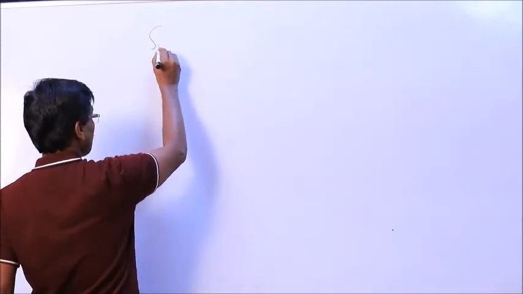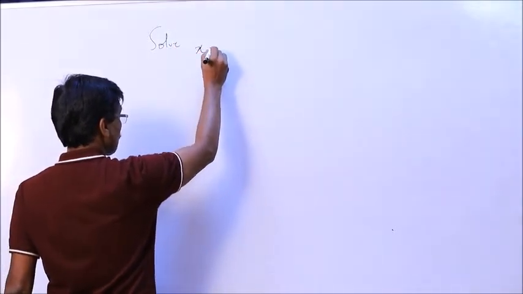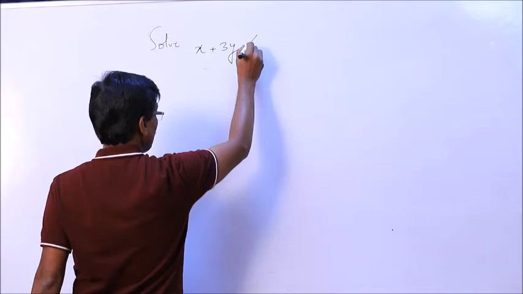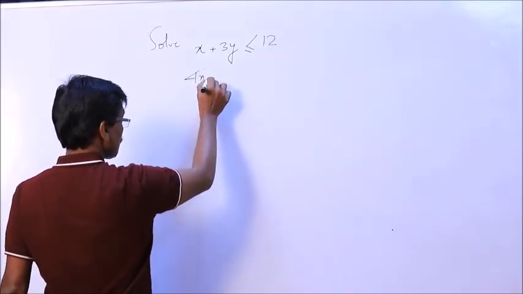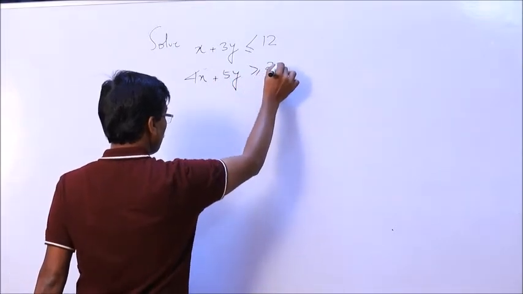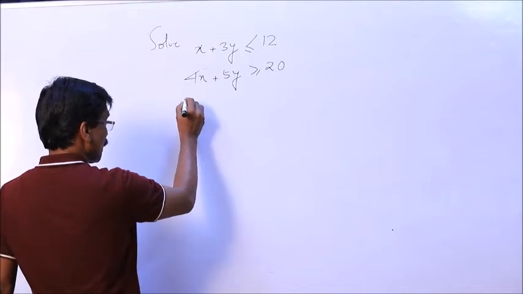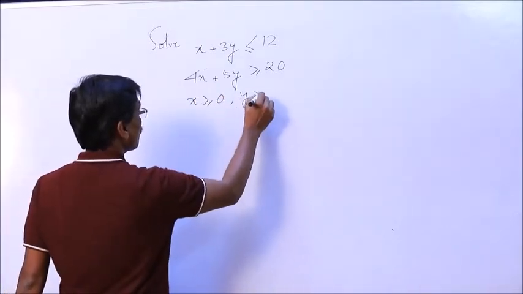Suppose it is x plus 3y less than equal to 12, 4x plus 5y greater than equal to 20, and x greater than equal to 0, y greater than equal to 0.